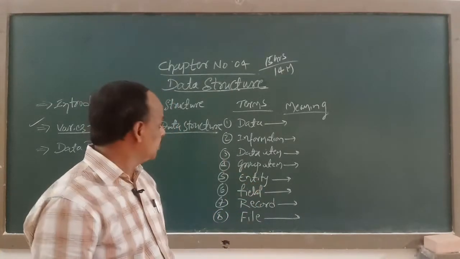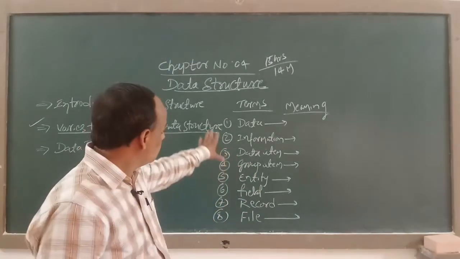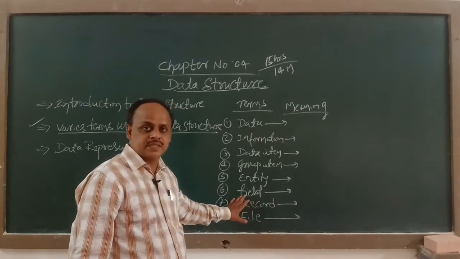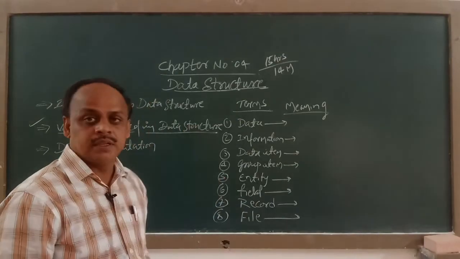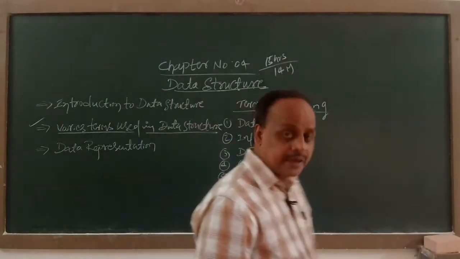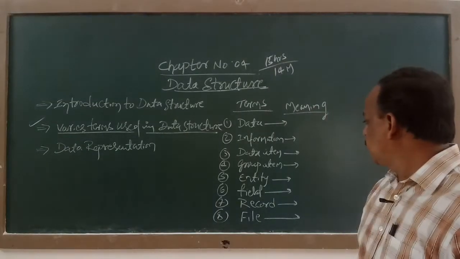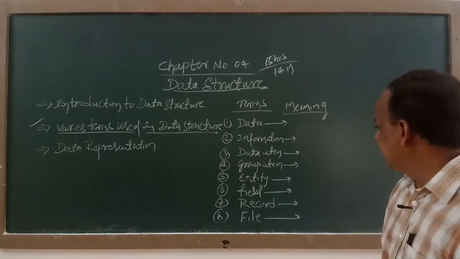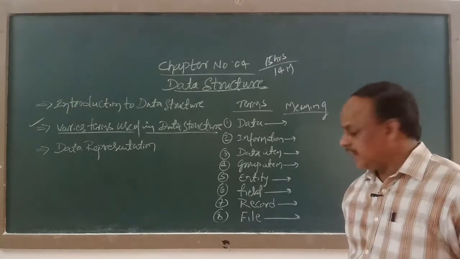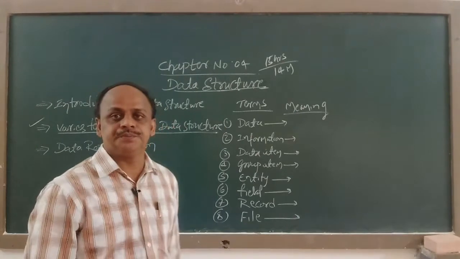What are those? First one, data. Second one, information. Third one, data item. Fourth one, group item. Fifth one, entity. Sixth one, field. Seventh one, record. And finally, eighth one, that is file.